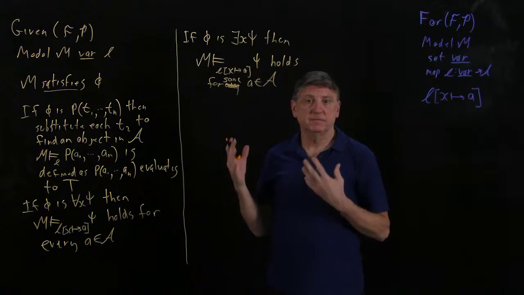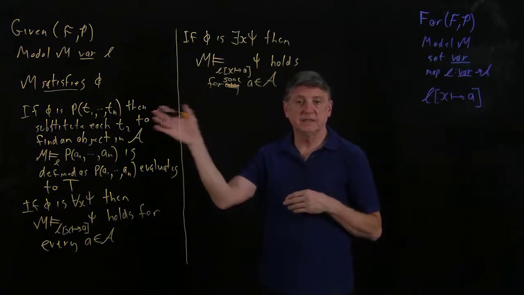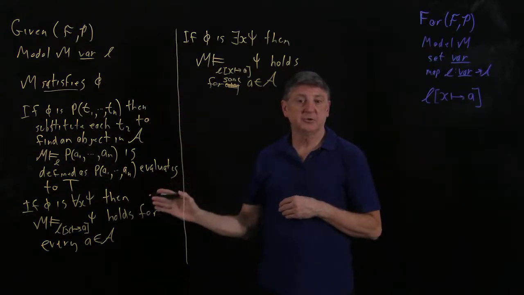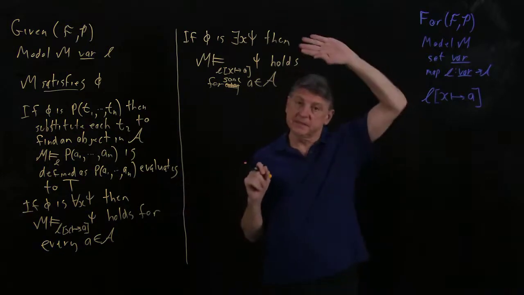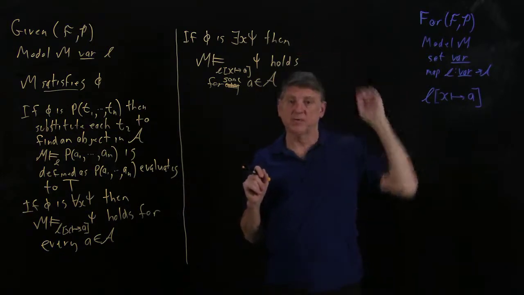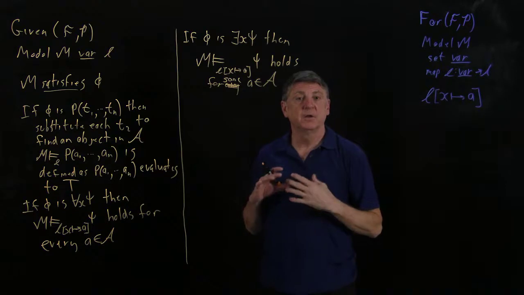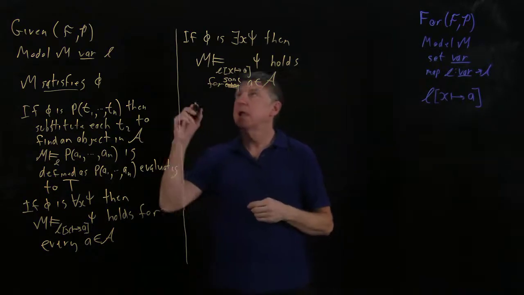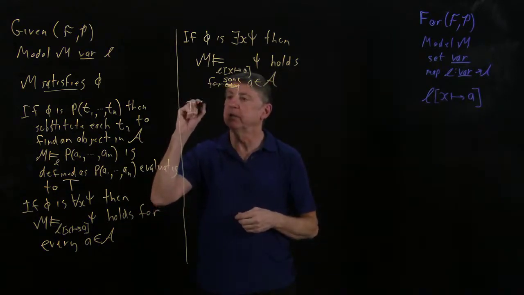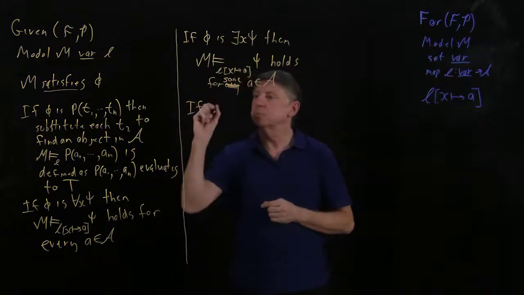We then have, so this handles the predicate, this handles universal quantification, this handles existential quantification, and then we have the logical operators. And we can now enumerate those this way.